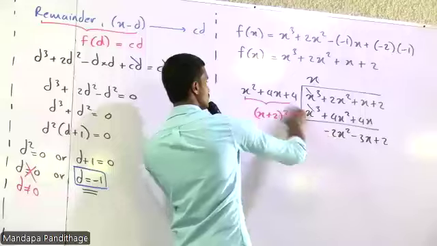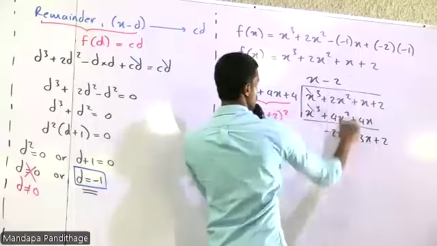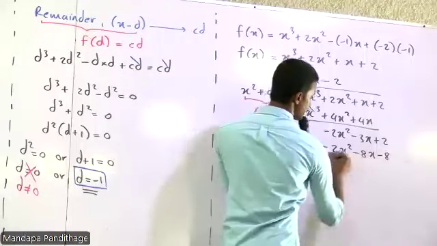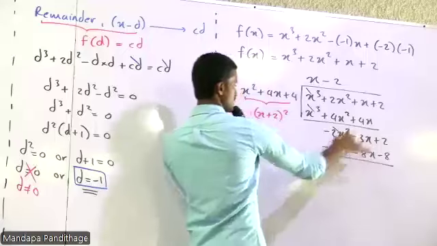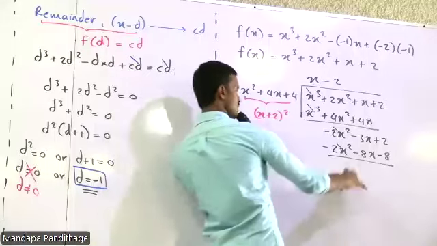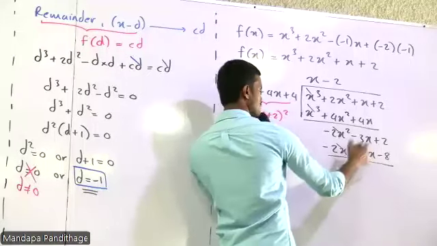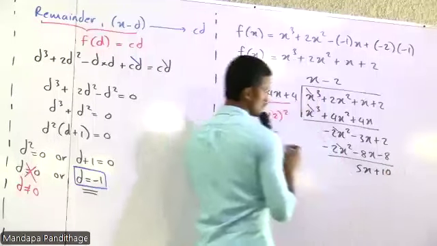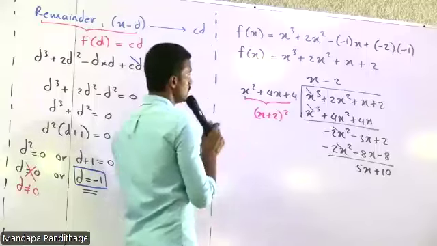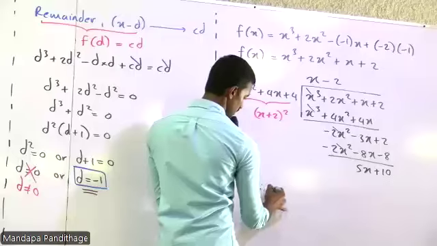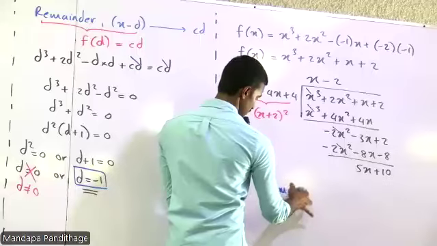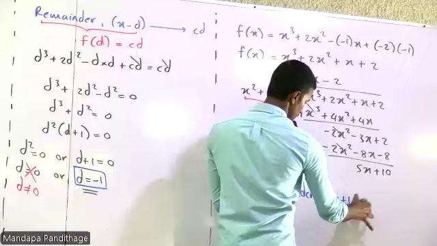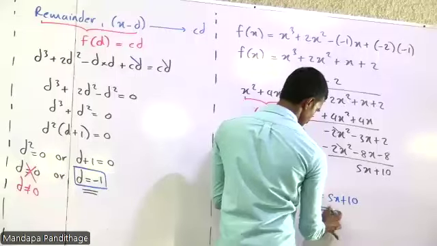And when you divide this by this, it's minus 2. Okay, multiply: minus 2x squared minus 8x minus 8, which gives you the answer minus 3 minus minus 8 is plus 8. Minus 3 plus 8 is plus 5. 2 minus minus 8 is 2 plus 8, which is 10. Okay, then you can write the remainder is 5x plus 10. Same question, identical question, 2018 and 19.